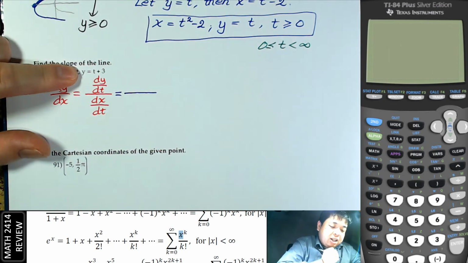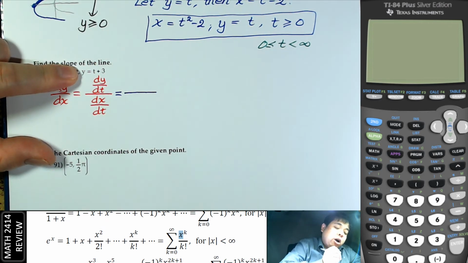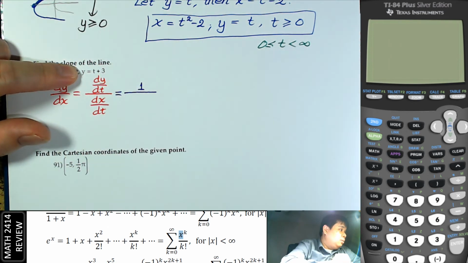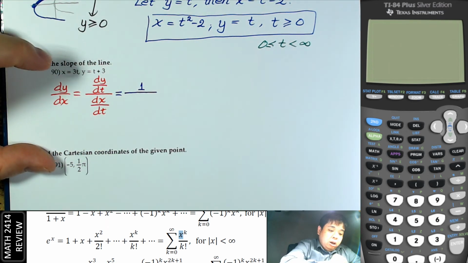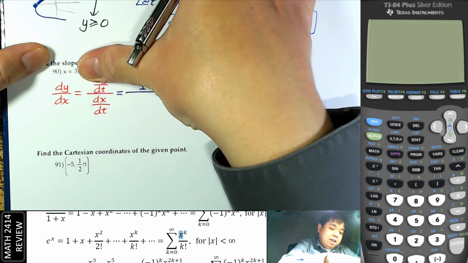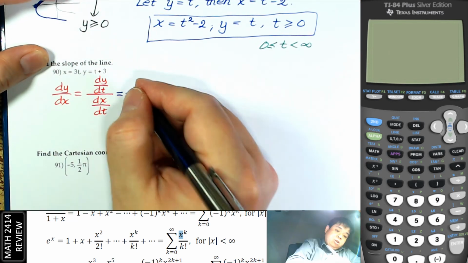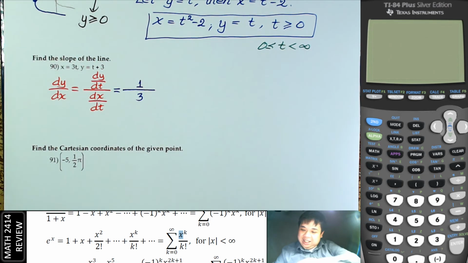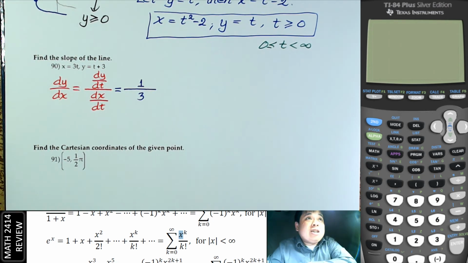The derivative of y with respect to t is 1. The derivative of x with respect to t is 3. So that's 1 over 3. That's pretty much it. Probably a little bit too simple.